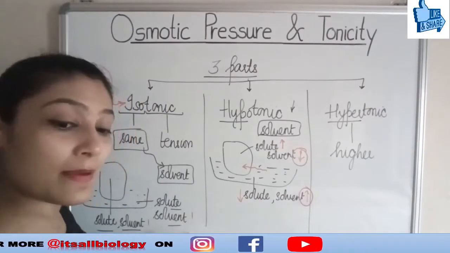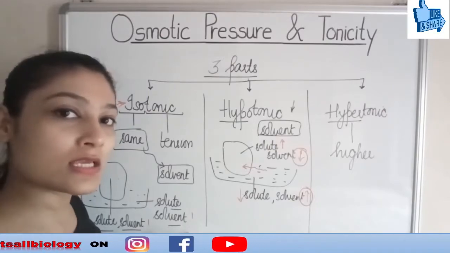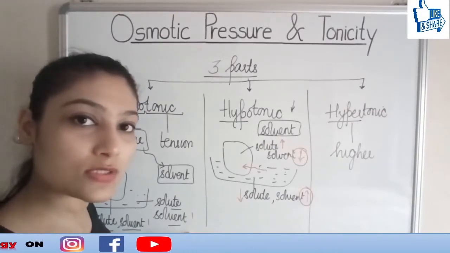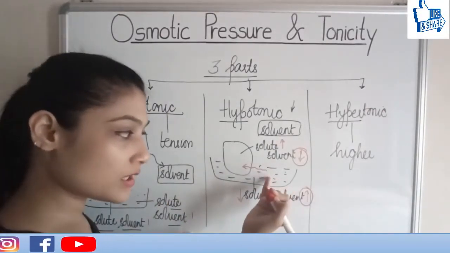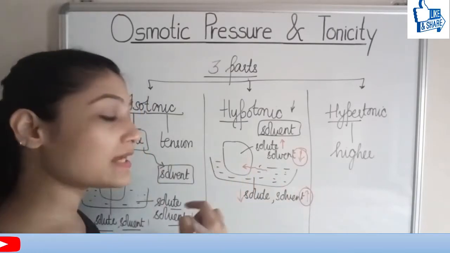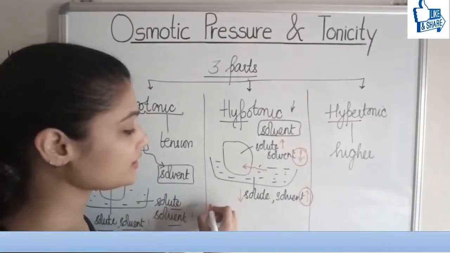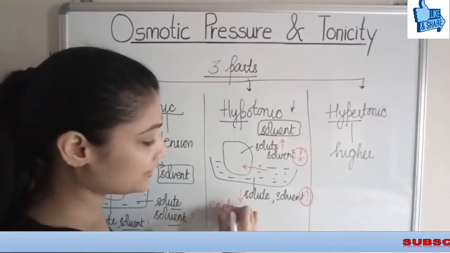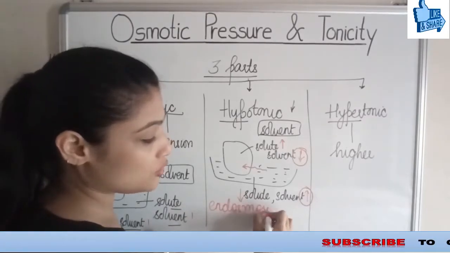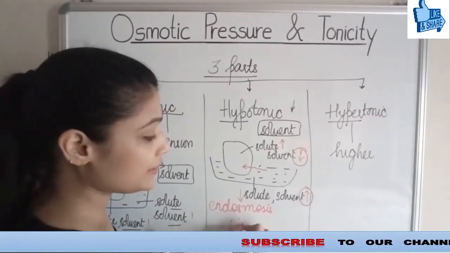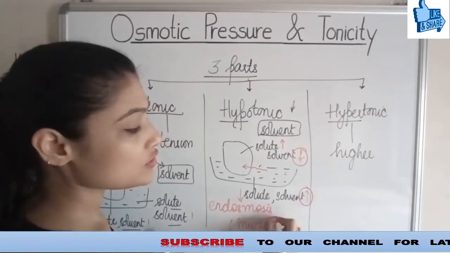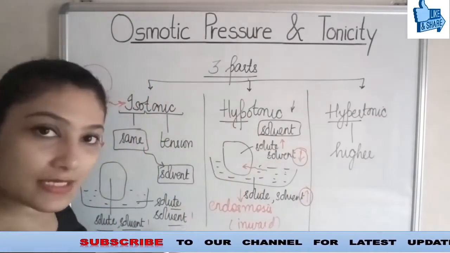Endoosmosis or exoosmosis? Yes, when the solvent is moving inside, that means the volume is increasing, and we will call it endoosmosis. There is inward movement of solvent. That is the second case.